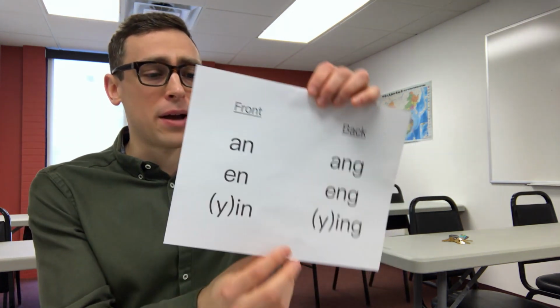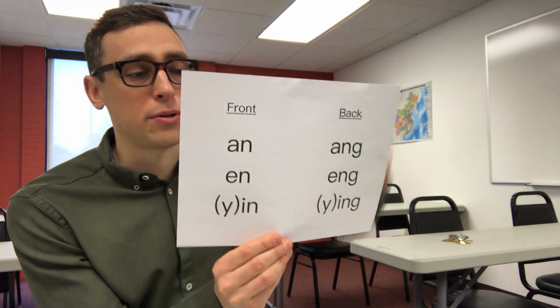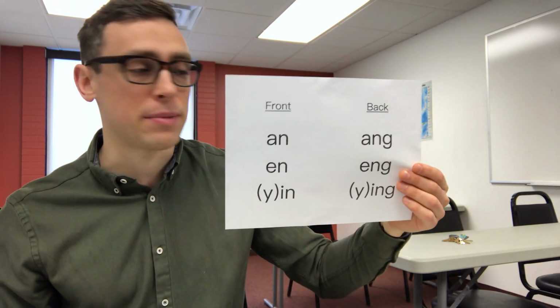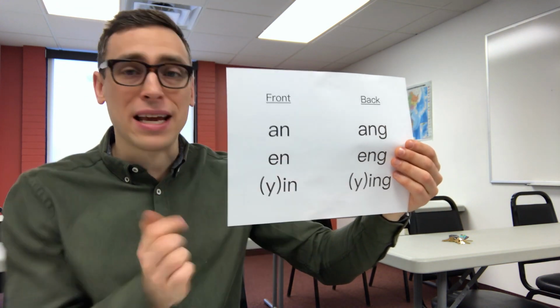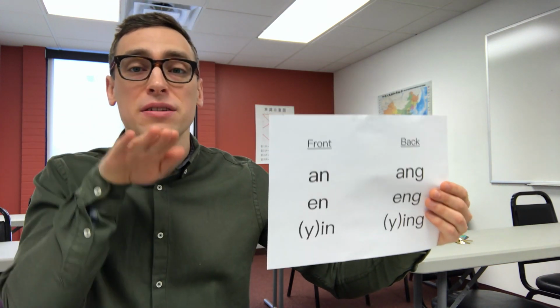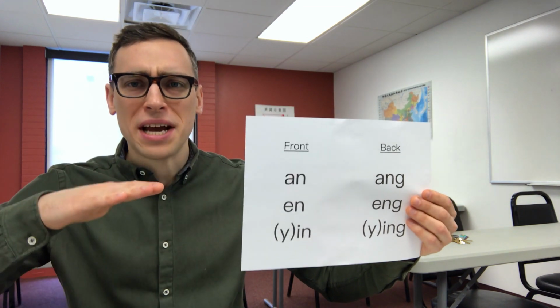So with these front and back nasal sounds, there are three pairs that we can compare side by side in Mandarin. They are the A, E, and I, followed by either N or NG. We can kind of compare and contrast them this way. What's happening between A, E, and I is the starting position of your mouth. So with A, your tongue is very low, your mouth is very open. With E, your tongue is kind of in the middle.